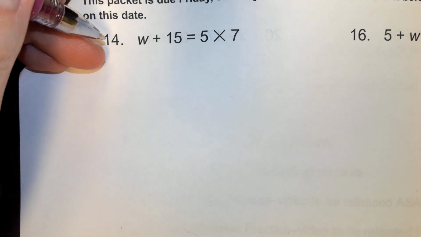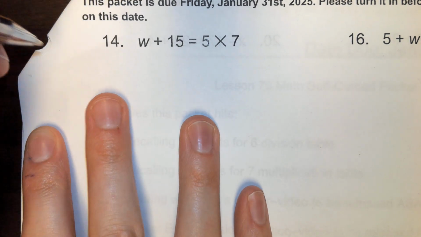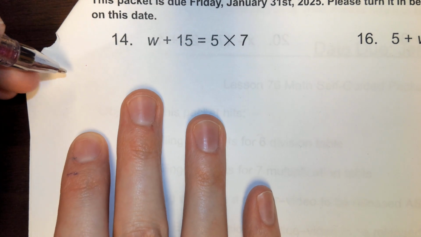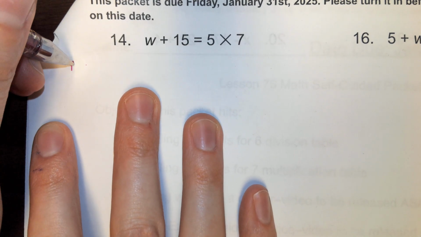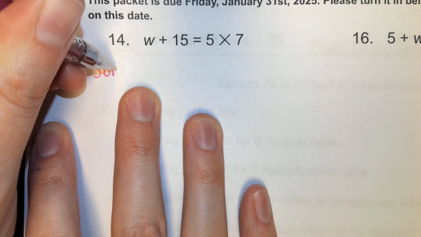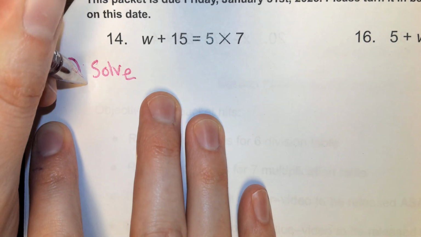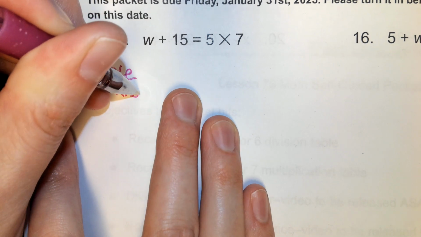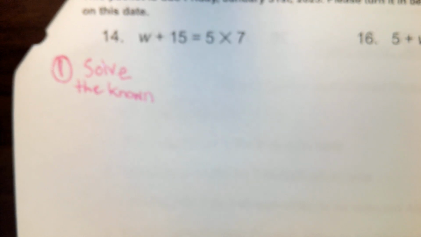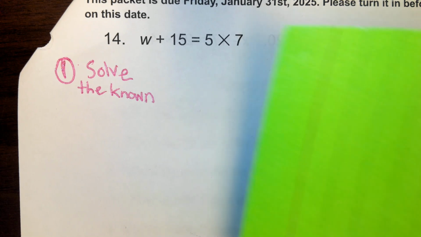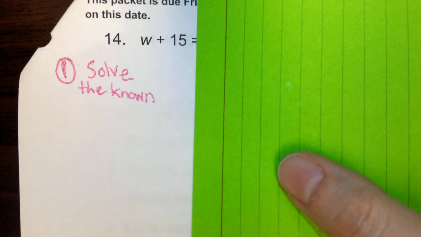So our first step for solving mystery number problems is we're going to solve the known. If you can look at one side of our equation, that is w plus 15.